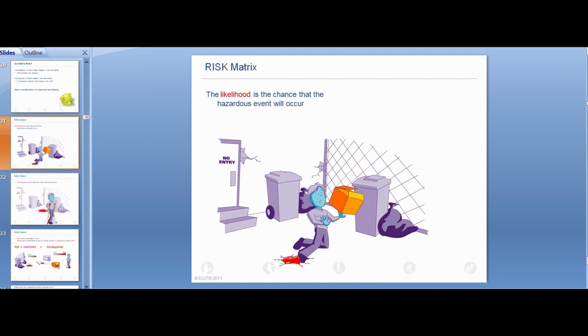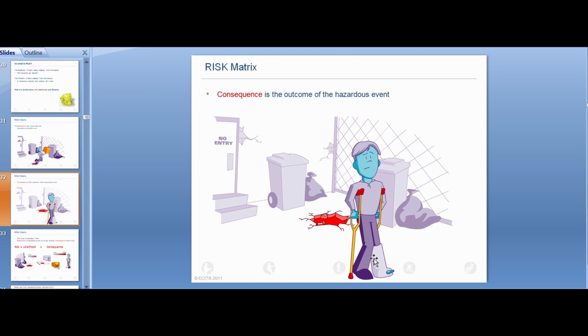You can see in this picture there was a hole on the floor, and the person fell down. There was a high chance that the person would trip and fall, so the likelihood was high, as well as the severity.